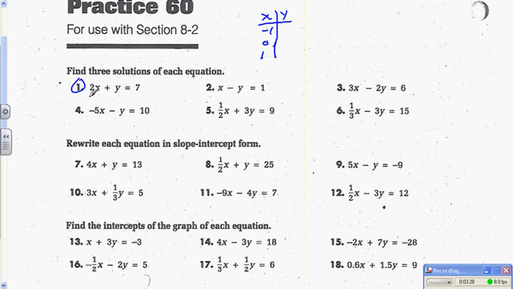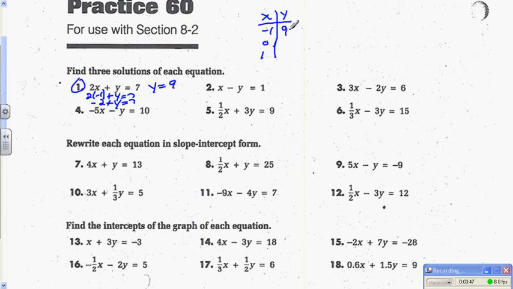If we plug in -1, we get 2 times -1 plus y equals 7. So 2 times -1 is -2 plus y equals 7. If we add 2 to both sides, we get y equals 9.